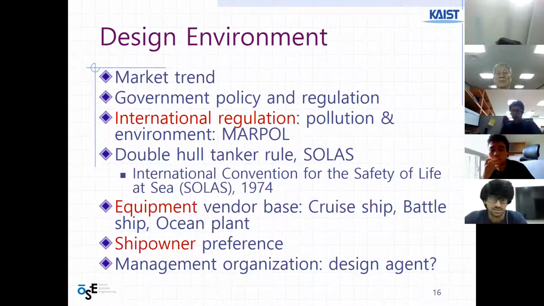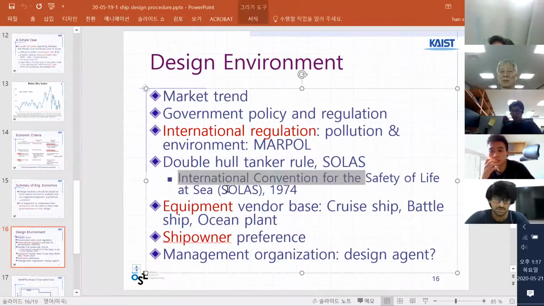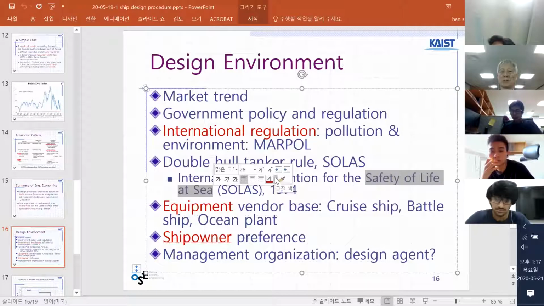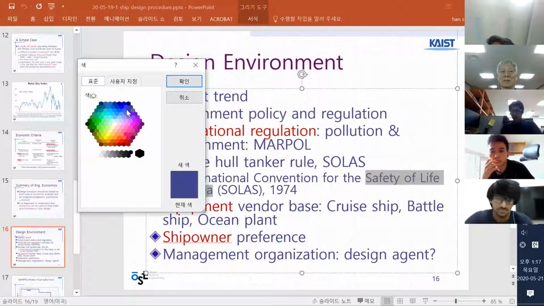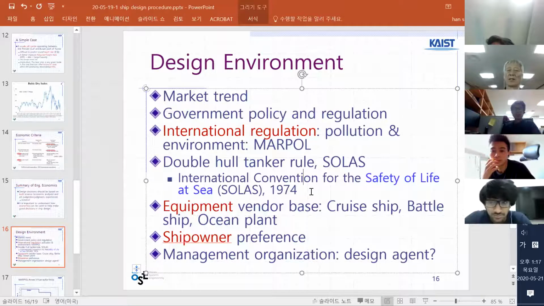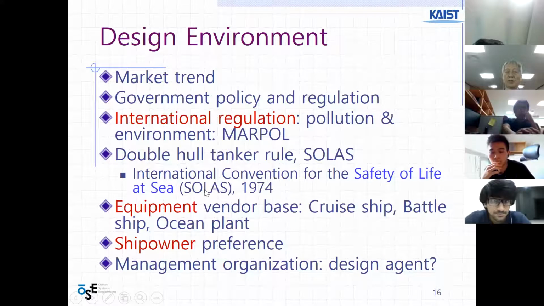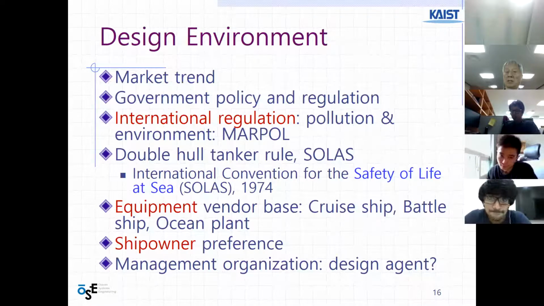SOLAS. Safety of Life at Sea. That's a short name. They created this rule because of the Titanic accident in the early 20th century.